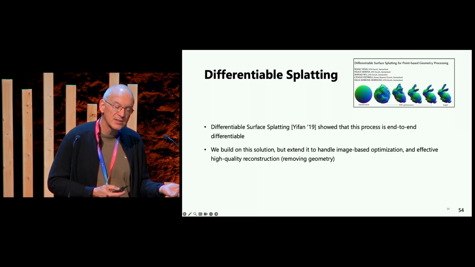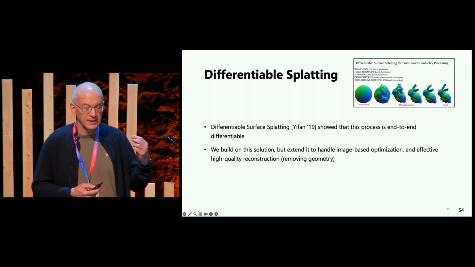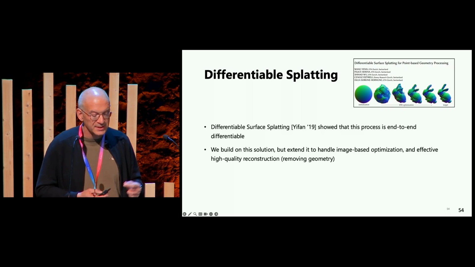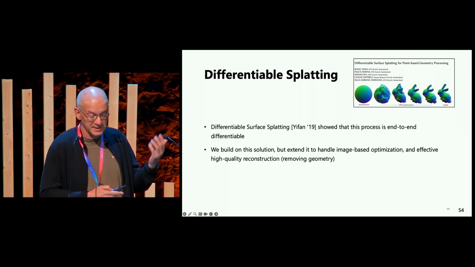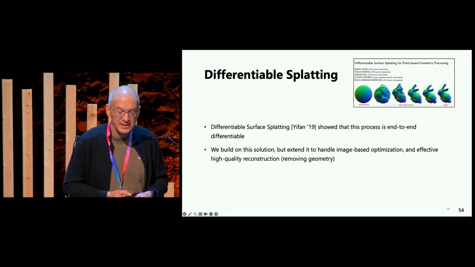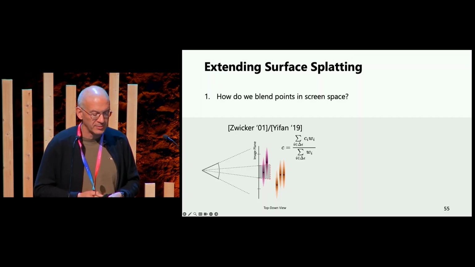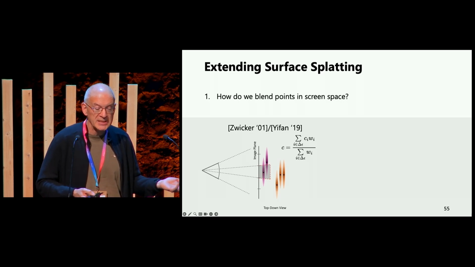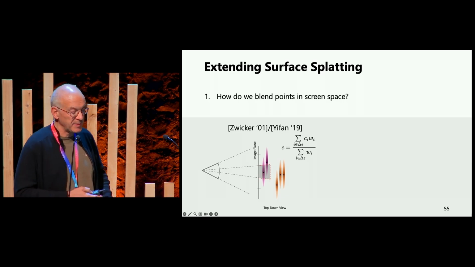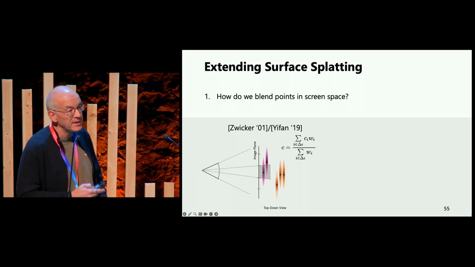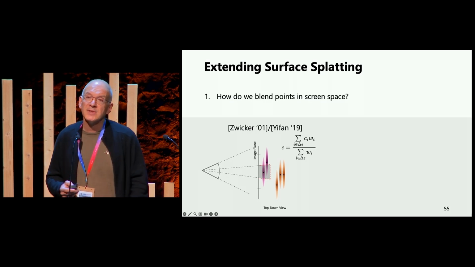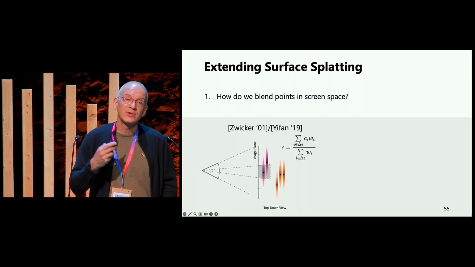So we built on this solution, but we had to bring a few very significant changes to allow image-based optimization, because this approach was just for geometry that existed, and allow high-quality reconstruction removing geometry. So how are points blended in screen space? In the standard method of surface splatting, it's just a weighted average of the colors. And here the idea is that these methods, you have to remember, were developed in the case where the geometry is known.